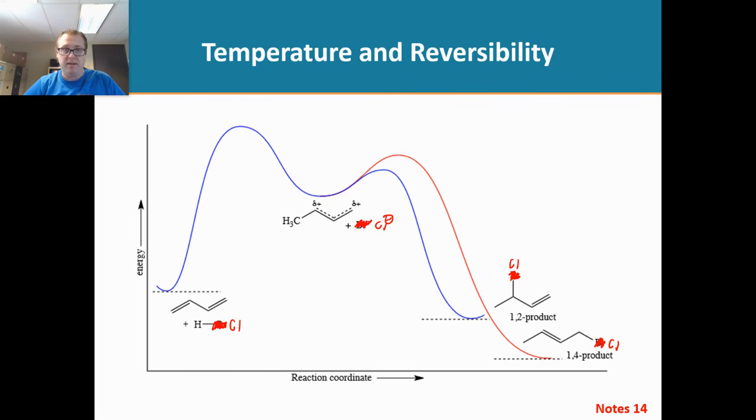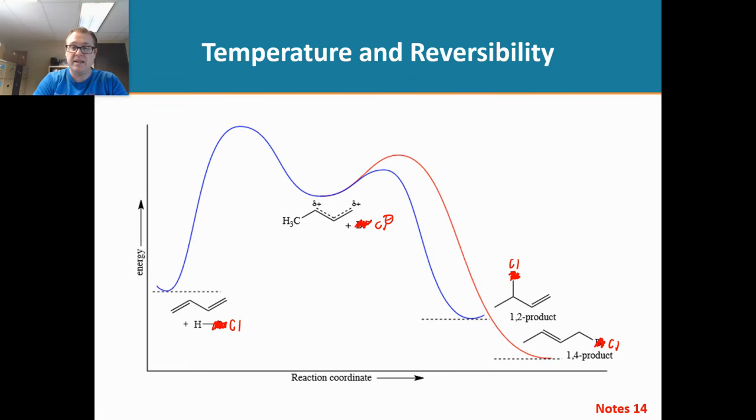So what happens here? Okay? At very cold temperatures, the reaction proceeds, and it goes through this high energy transition state. Now we're here at this intermediate spot. Under kinetic control, we can see that the energy barrier is in the blue line.